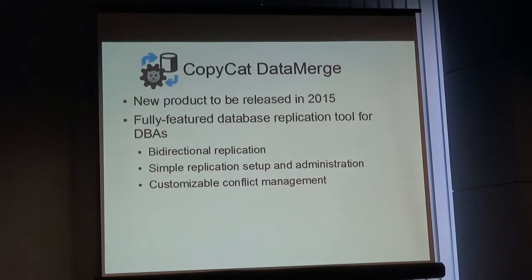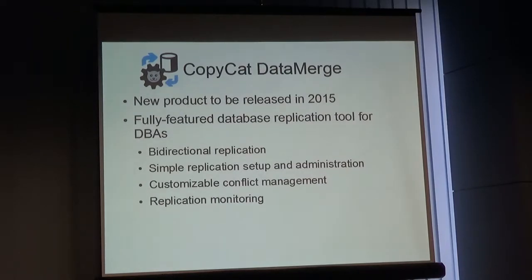So in Data Merge, I'm going to do something similar and make it so you can define by table, by node, as fine-grained management as possible in case of conflict.